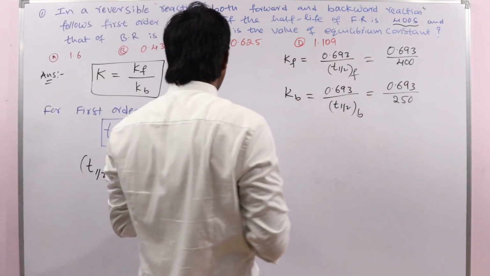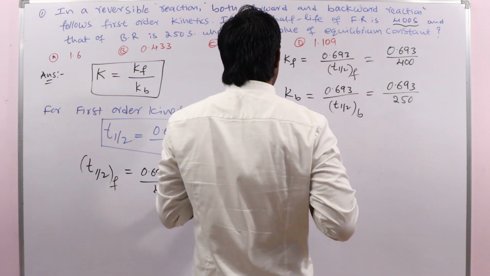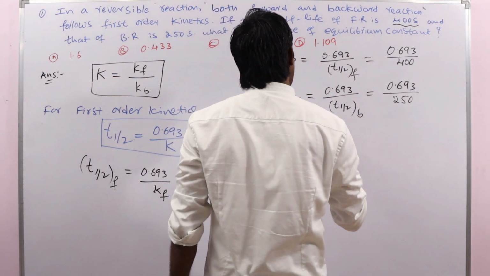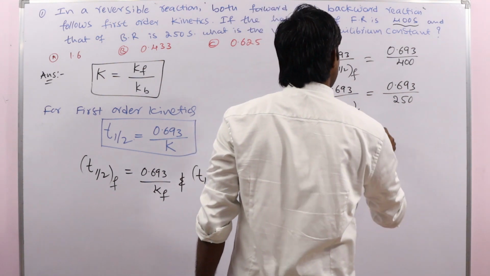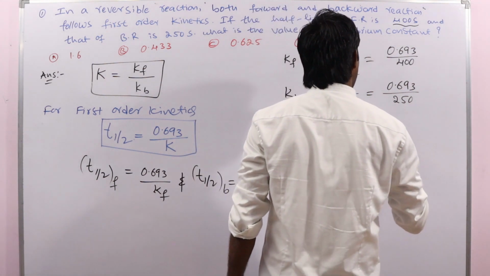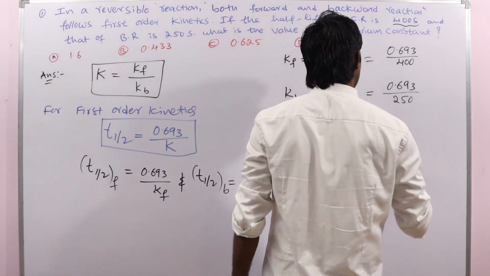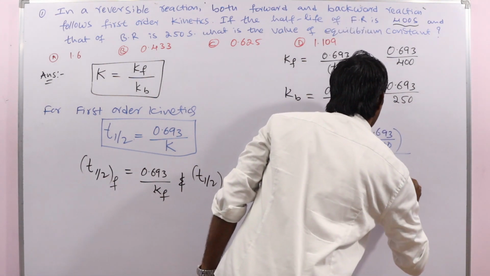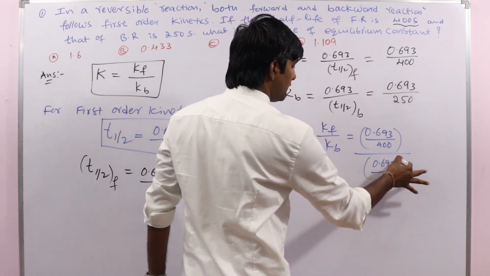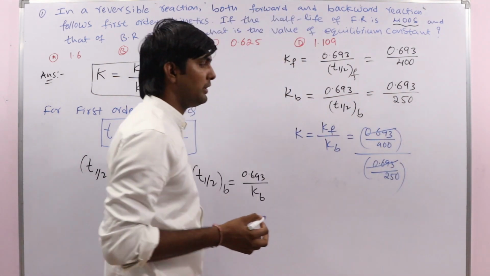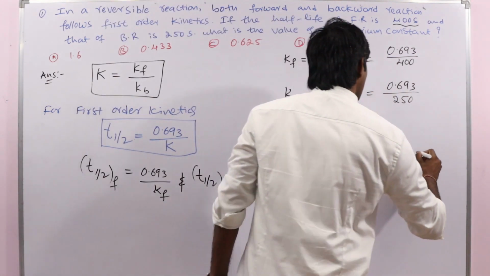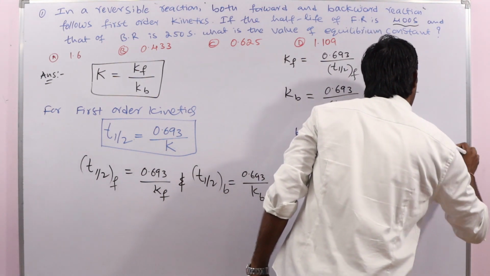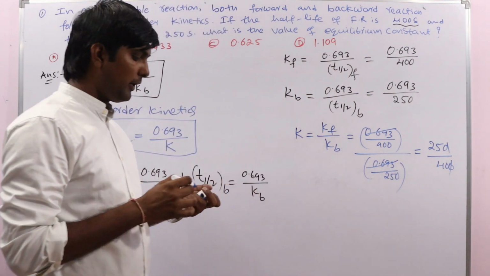Therefore K is equal to Kf by Kb, that is equal to 0.693 by 400 divided by 0.693 by 250. Here 0.693 will get cancelled, so we get 250 by 400, that is 25 by 40.